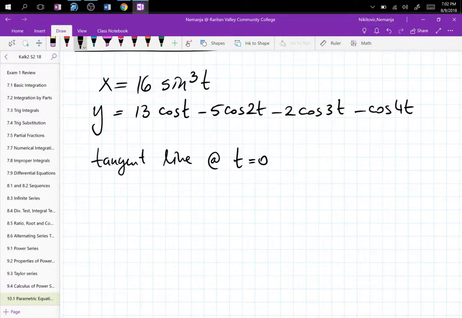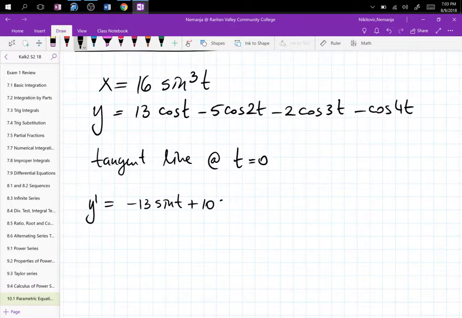So I'm going to find the derivative of y first, because it's y divided by x. I don't want to mess up. Derivative of 13 cosine t is negative 13 sine t, and then I have, again, cosines, so they're all going to be negative signs.